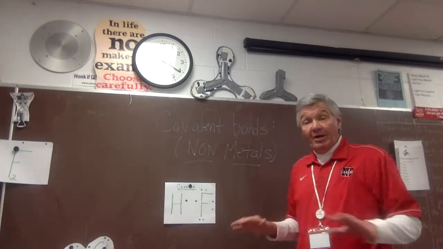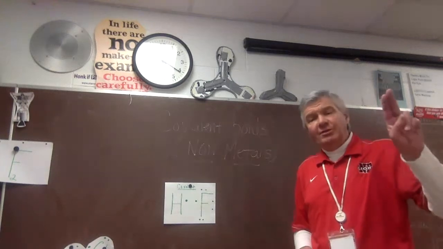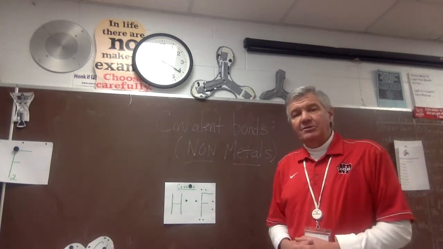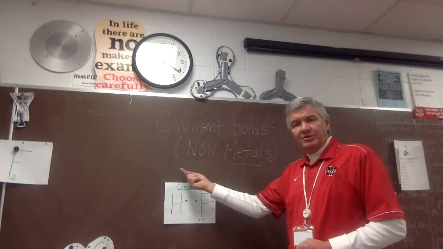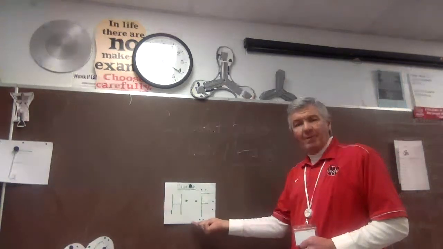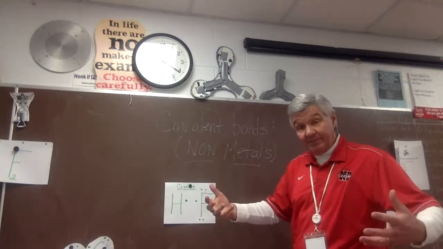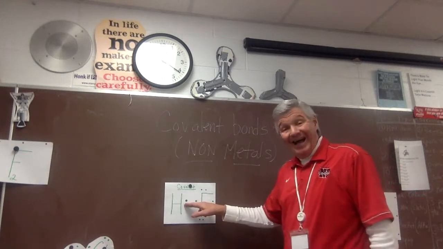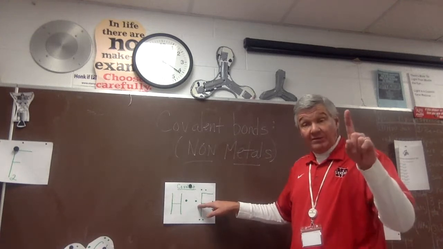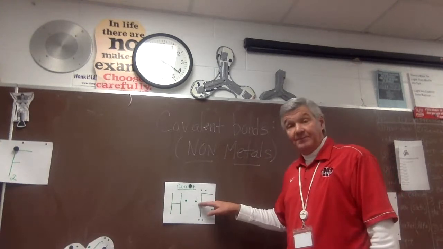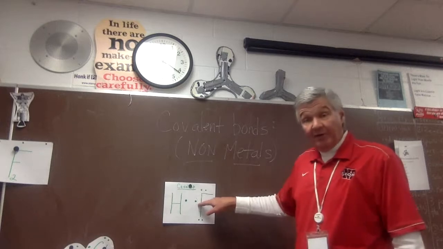Fluorine, as you already know, has 7 valence electrons. Well, covalently speaking, between 2 nonmetals, this is a bond made in chemical heaven. Because the hydrogen is going to share its 1 valence electron with the fluorine.